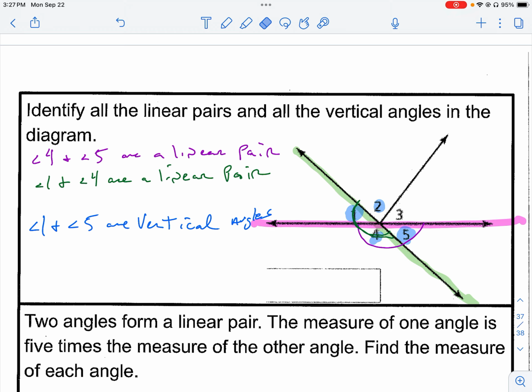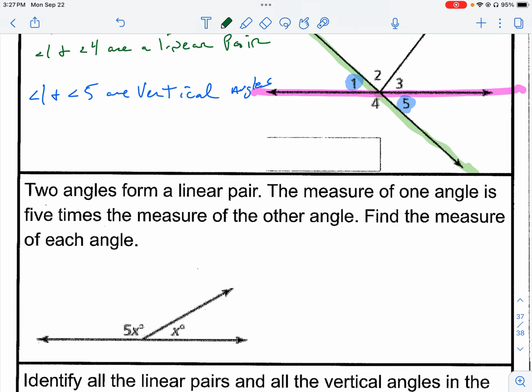So 4 and 5 are a linear pair. Angles 1 and 4 are a linear pair, because they form different lines. And the only vertical angles are 1 and 5, because they're the only angles that match each other across the X. They're the only ones whose sides form opposite rays.